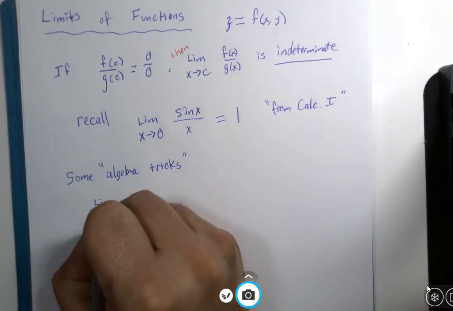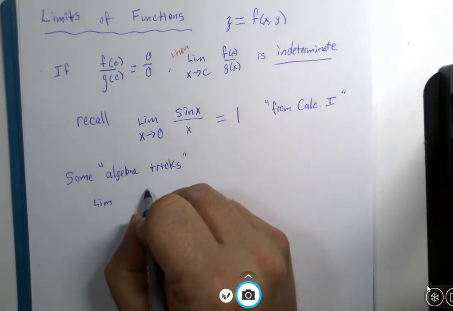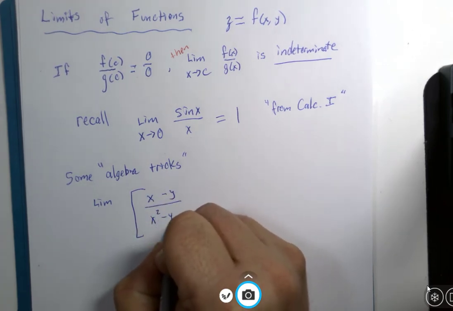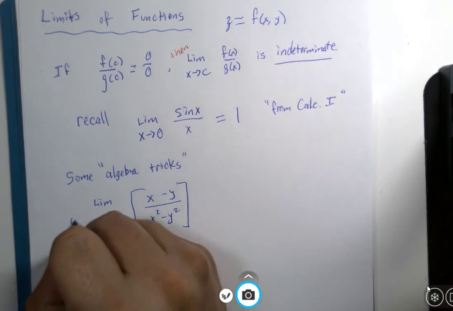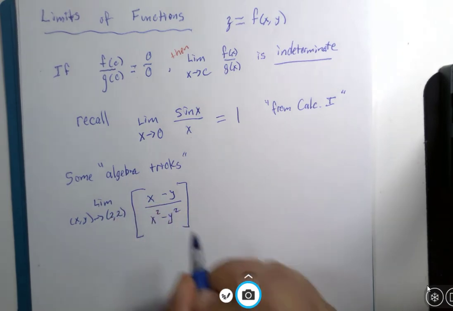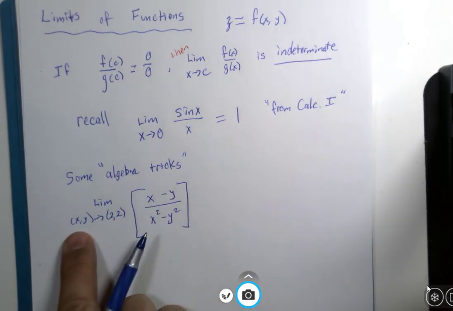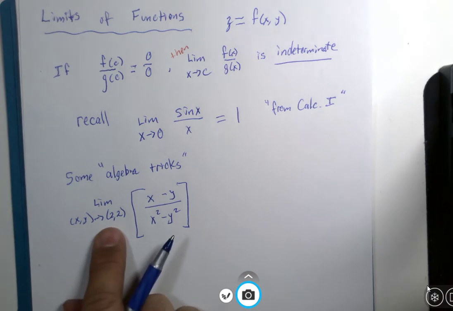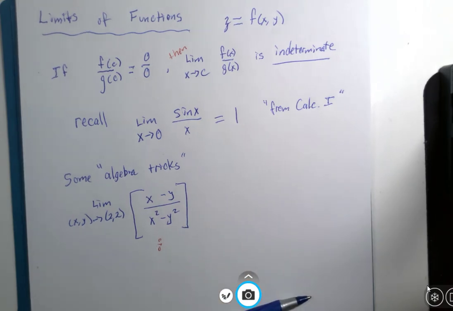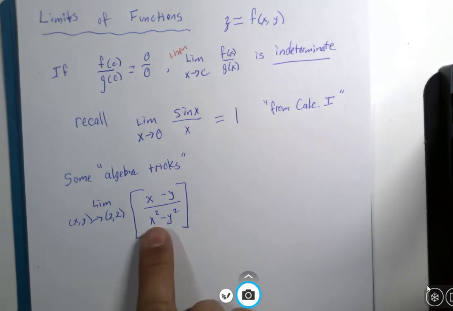If I took a function of two variables, x minus y over x squared minus y squared, and if I had both x and y approaching 2, so the coordinates of x and y get closer to the point 2, 2. If I try that substitution again, I'm going to get that same 0 divided by 0, called indeterminate. But we knew that we were allowed to use algebra tricks for limits if there was a way to reduce the fraction.